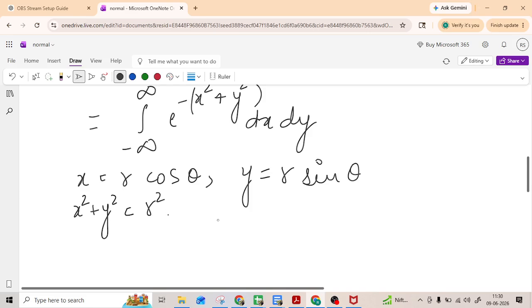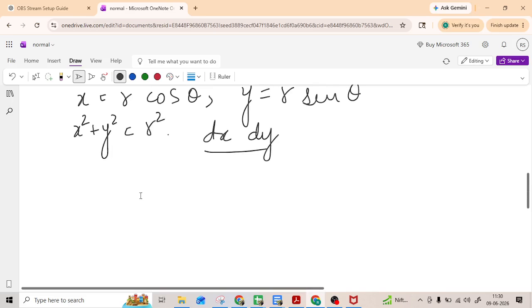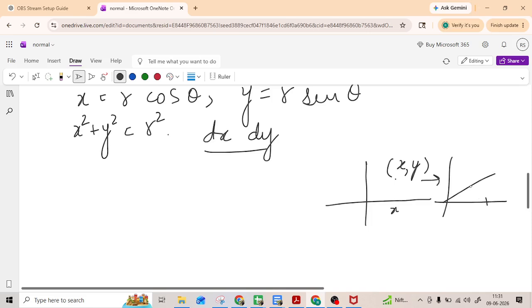But at the same time, we also need to figure out what dx into dy is, right? Because this features in the integration. So for that, we would need the Jacobian, and the Jacobian is something very straightforward. It is telling us that if earlier your coordinates were x and y, and you are then changing to r and theta, then what happens to the small displacements dx and dy?